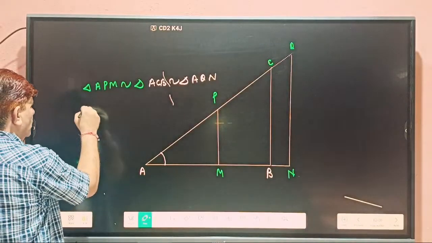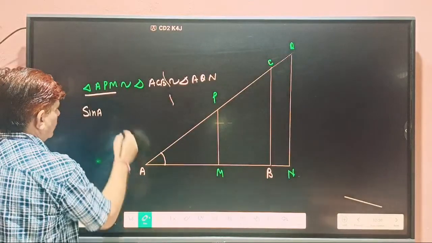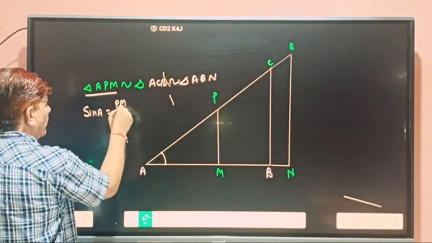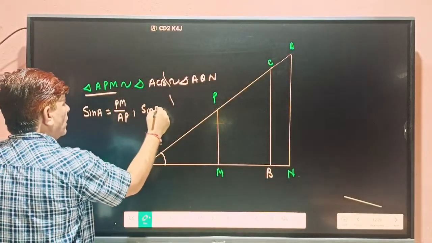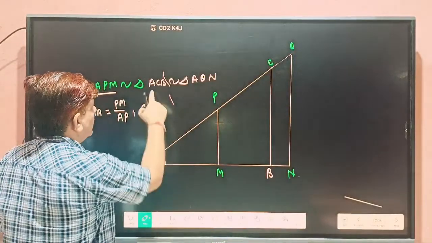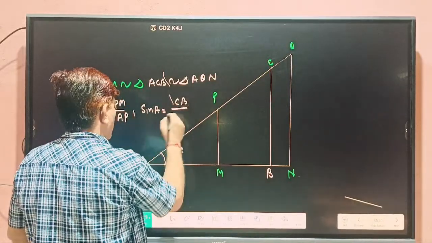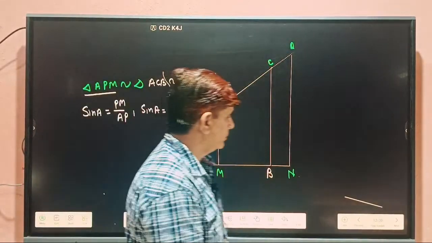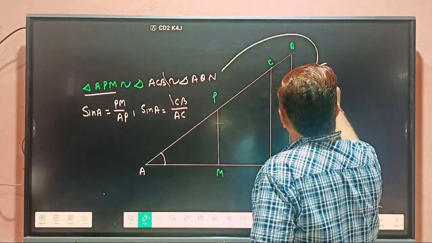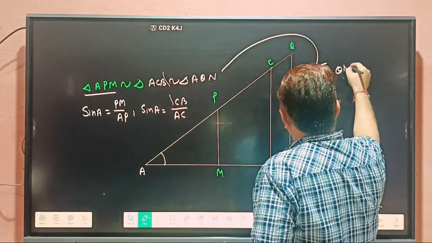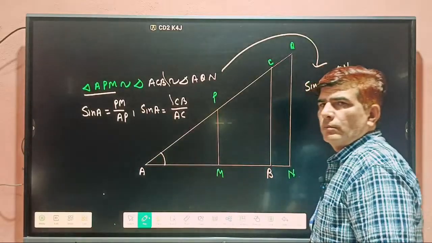If you find sine of A in this triangle, what is it? It is PM by AP. And sine of A in triangle ACB is CB by AC. And if you are talking about this triangle, sine of A is equal to QN by AQ. Got it or not?